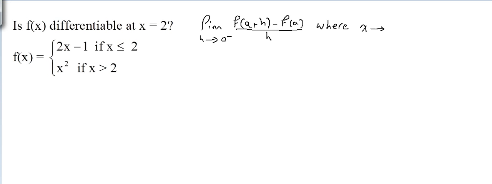If h tends to 0 minus, this means x will tend to 2 minus.